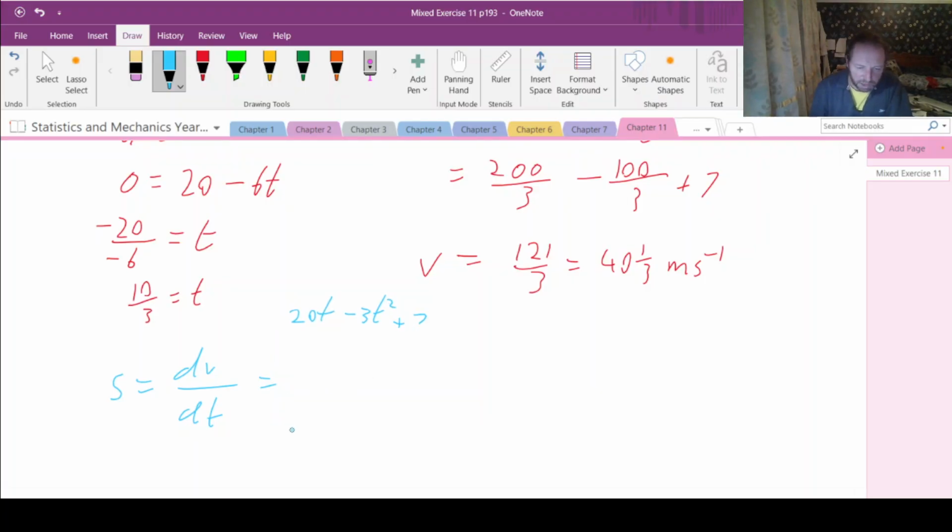When we come to integrate it, my apologies, not differentiate, that will be the integration of the velocity with respect to time, and so that will become 20t squared over 2 minus 3t cubed over 3 plus 7 over 1 t plus c.